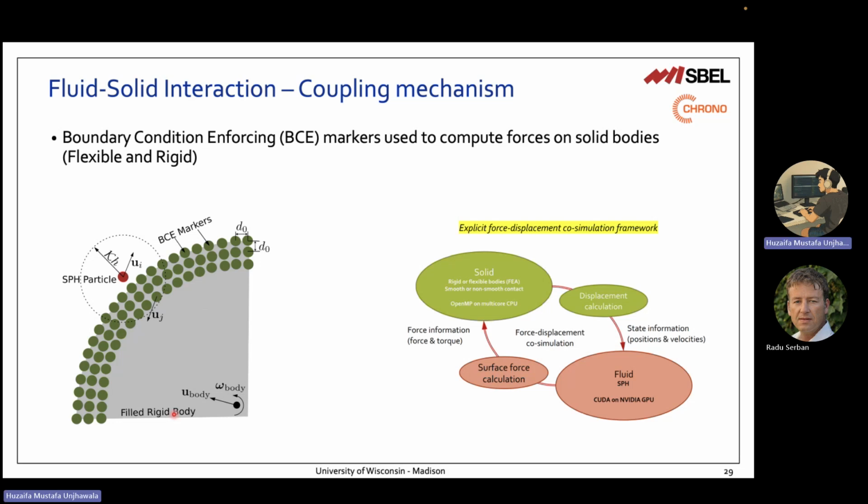So what I mean by you'll need to place it is that if you have a mesh, this could be a circle, something simple, or a complicated mesh, you need to place markers such that they are spaced the same amount as the SPH markers that are part of the fluid domain. And you have at least three layers of it.